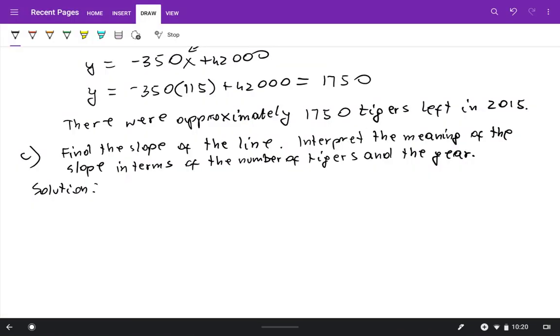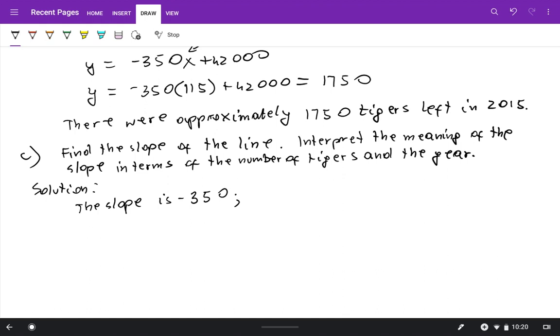Okay. So we know that the slope is negative 350. Don't forget that the slope has a meaning: the rate of change. So that means that the tiger population is decreasing by 350 tigers per year. That is the meaning of that slope. Okay, so let me just write this down.